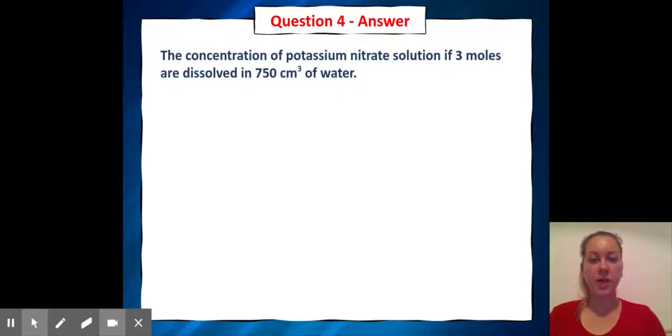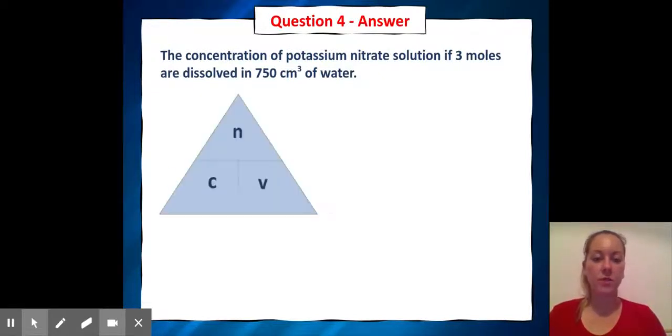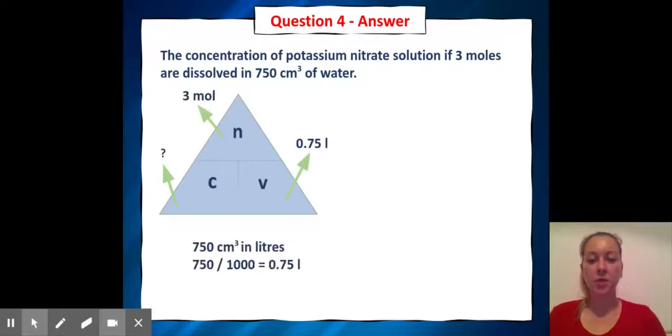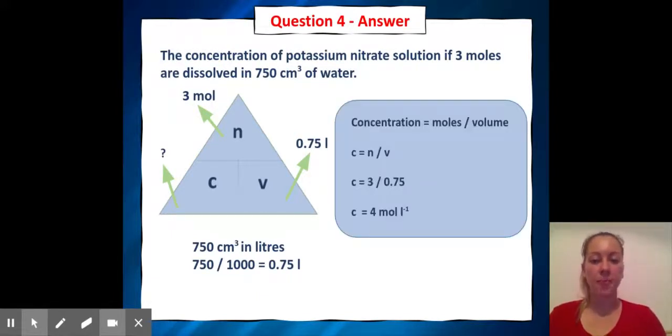Question 4, again, concentration. 3 moles of potassium nitrate in 750 centimetres cubed of water. Our c is unknown. We've got our volume, 0.75 litres because we've divided by 1,000 to convert into litres, and 3 moles. Concentration equals number of moles divided by volume. c equals 3 over 0.75, and that gives us 4 moles per litre.